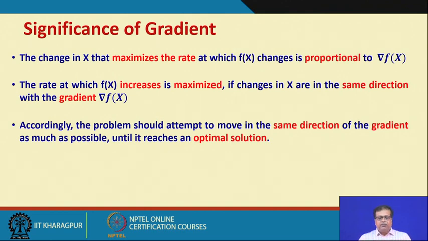So, accordingly the problem should attempt to move in the same direction of the gradient as much as possible until it reaches the optimal point, because what happens at the optimal point? At the optimal point the slope changes, right. We have seen in those convex or concave functions that the slope keeps increasing in one case and then it decreases, and in the other case the slope decreases in the case of minima and then it increases after the extreme point.